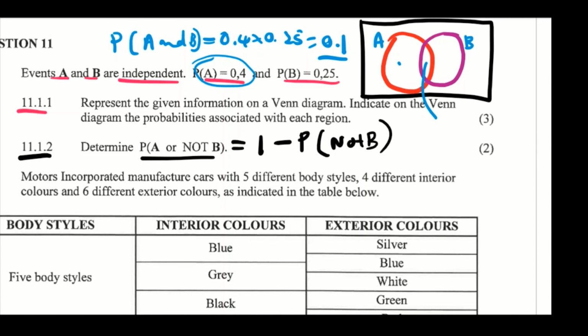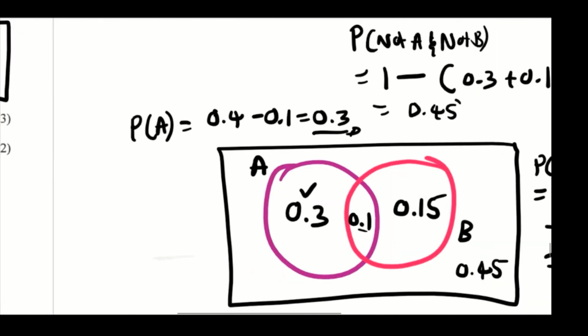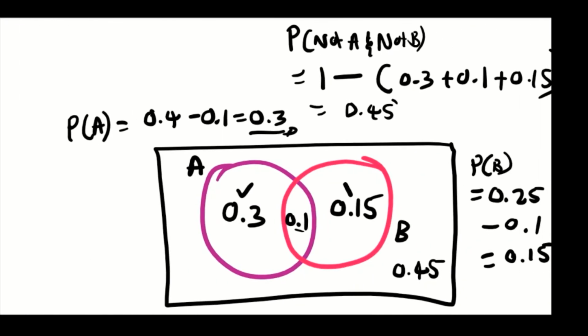The probability of not B is actually 1 minus the probability of B, to find the probability of A not B, which equals 1 minus the probability of B we found to be this one here, right?